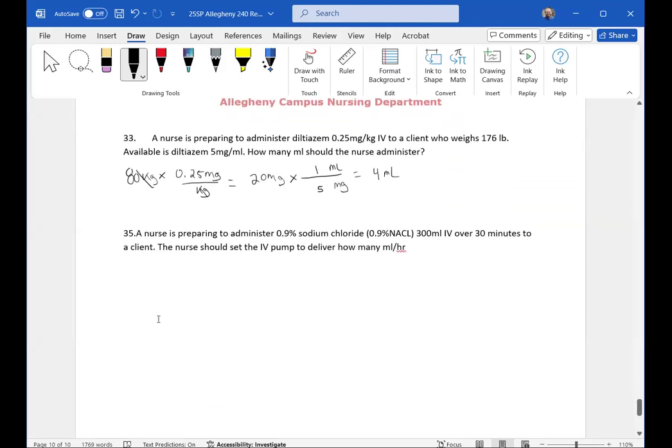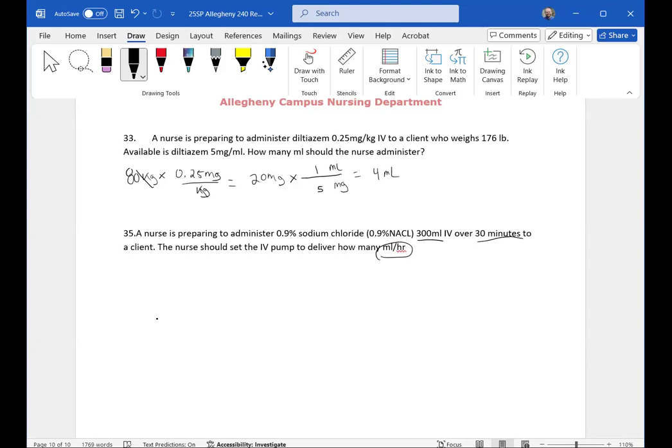All right, and then this last one looks like a nice flow rate question. What's nice about this is it sometimes gives you a lot of extra information, and it's like, okay, what do I do with all this extra information? So you have a nurse preparing to administer 0.9% sodium chloride, and then in parentheses they put the same information. They give you a volume and they give you a time, and they want to know how many milliliters per hour.